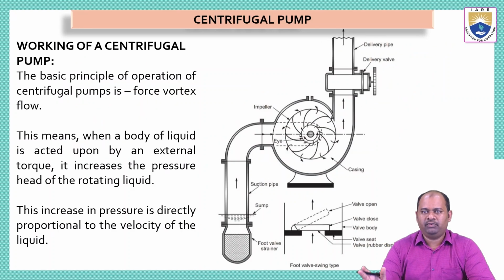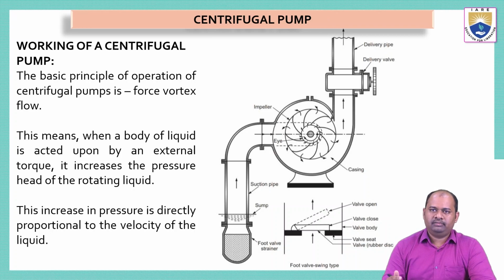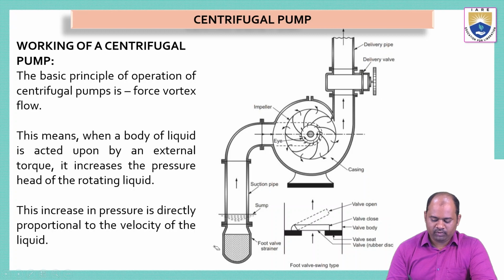How does a centrifugal pump work? So, first let us try to understand this block diagram so that we can simply understand how it works. Okay. Now, I'm starting from here. Here this is called a foot strainer valve. This is a foot strainer. That means this is a pipe made up of metal, and this pipe has a filter attached at the end.